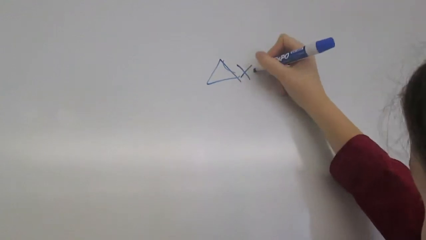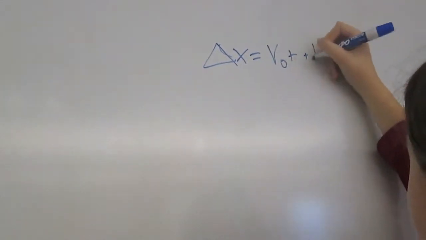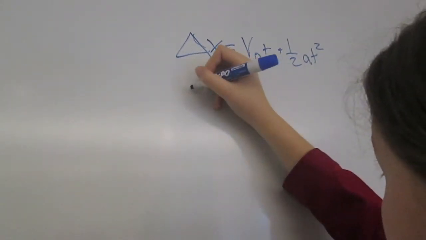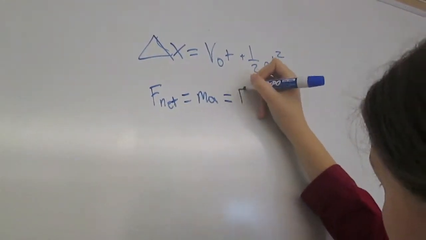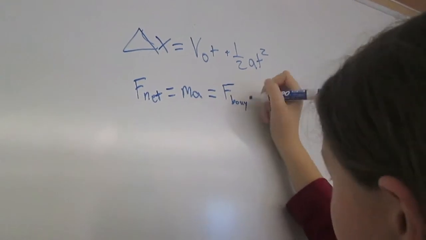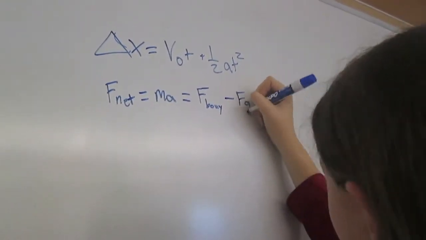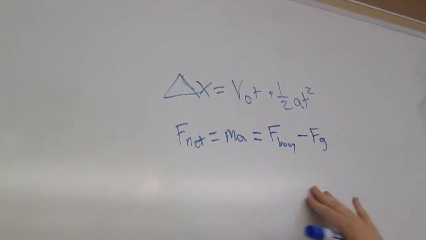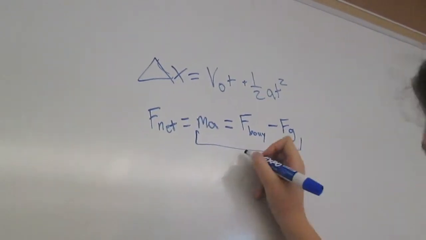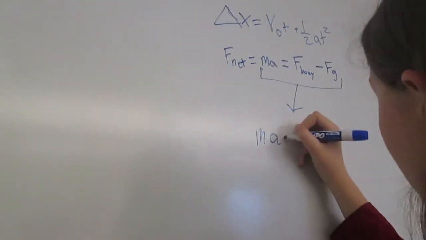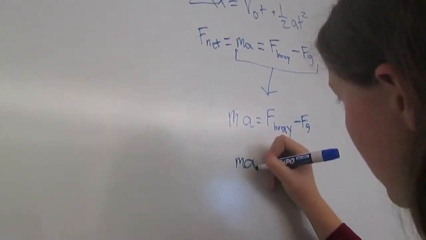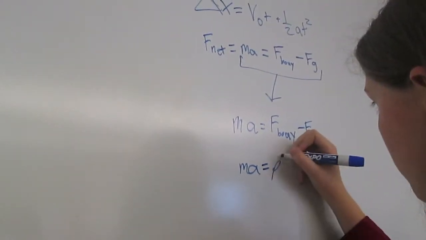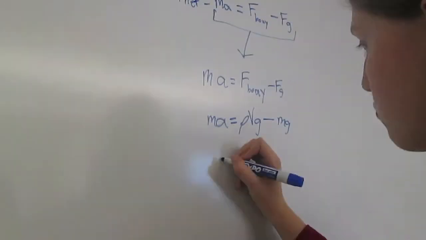Okay, we're going to start with our 2 formulas. We have a kinematics formula, the delta x formula, and then we have F net. In this case, it equals both ma and the buoyant force minus the force of gravity, because the buoyant force is larger and going up in this situation. So ma equals buoyant force minus gravitational force, or ma equals rho Vg minus mg.